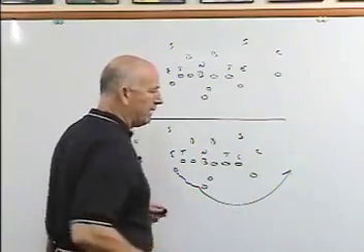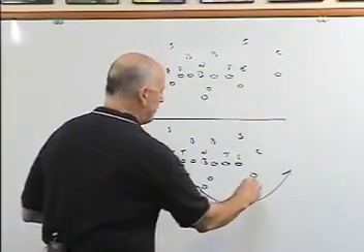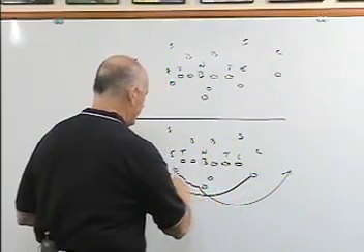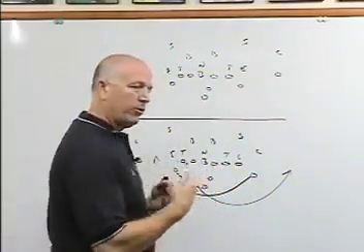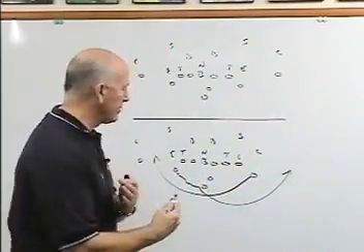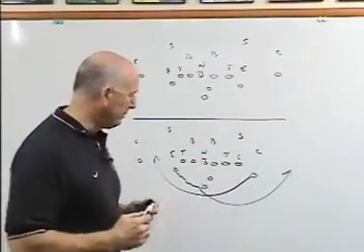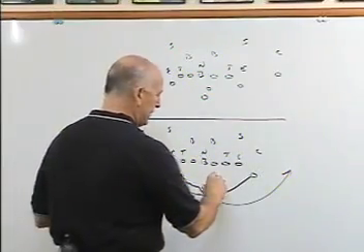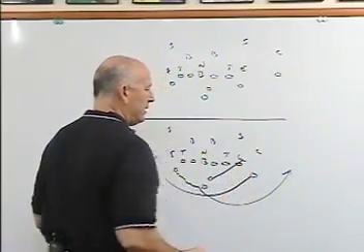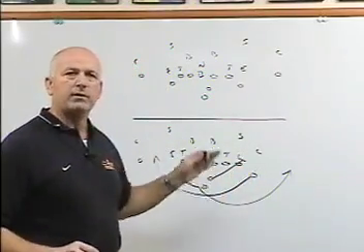Now at the same time, we want the right slot to fake the reverse. So now we've got both slots going in opposite directions. As we said, blast in our terminology means the fullback is going to kick out and the tight end is now down blocking.